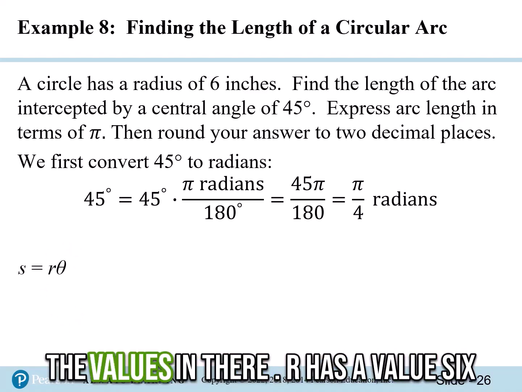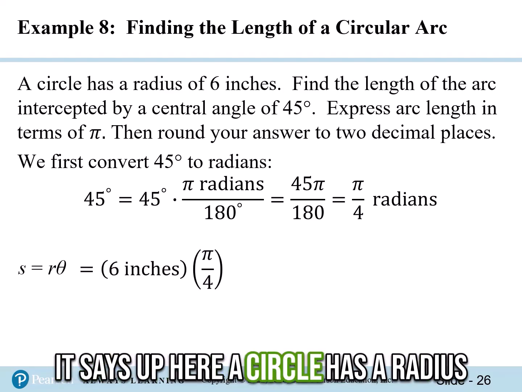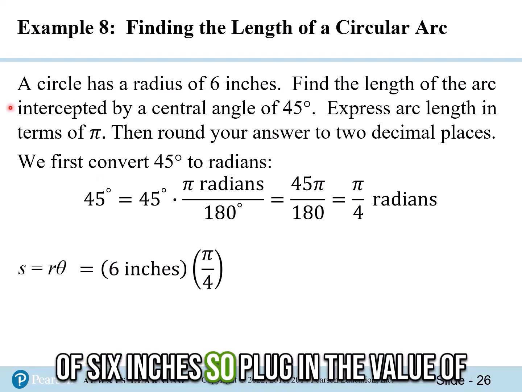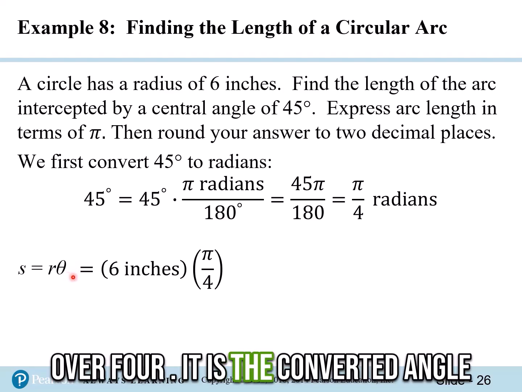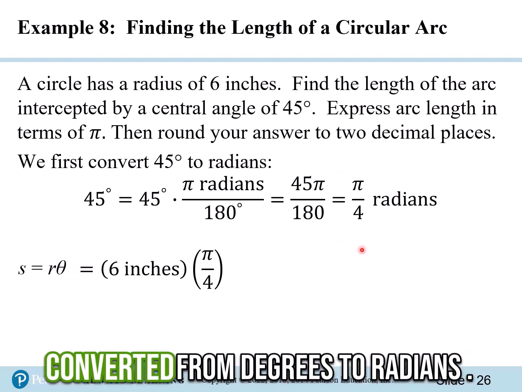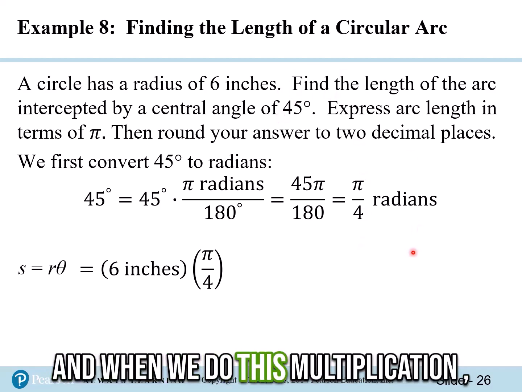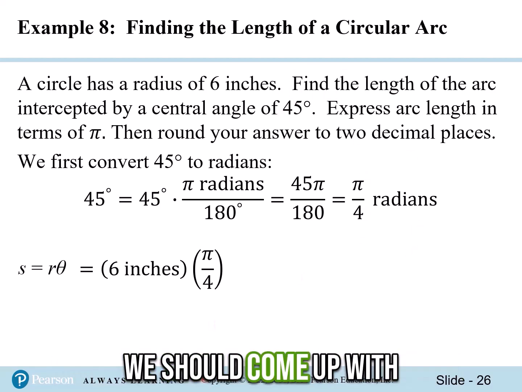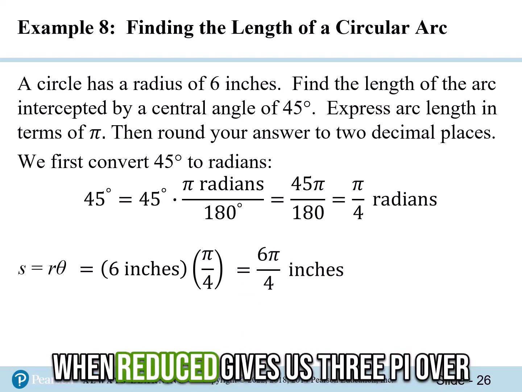Let's plug in the values in there. r has a value of 6. It says up here a circle has a radius of 6 inches. So plug in the value of the radius for r, and then theta is pi over 4. It is the converted angle measure, the angle measure that we converted from degrees to radians, and when we do this multiplication we should come up with 6 pi divided by 4 inches, which when reduced gives us 3 pi over 2.